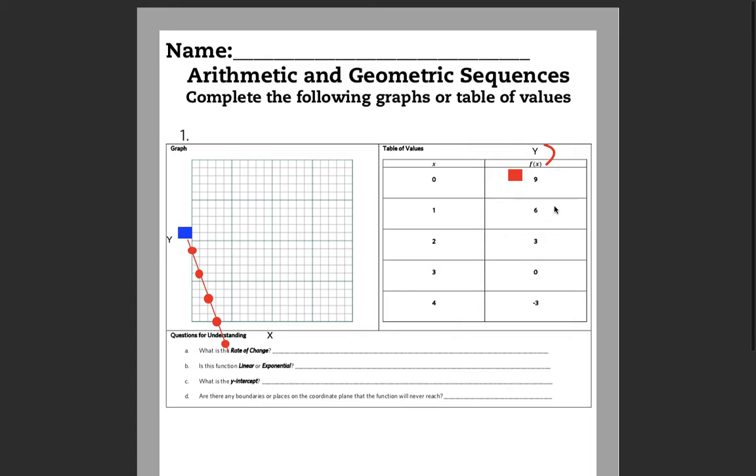From here to here, how much is it changing? This is going down by 3.